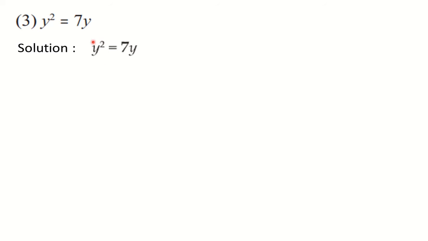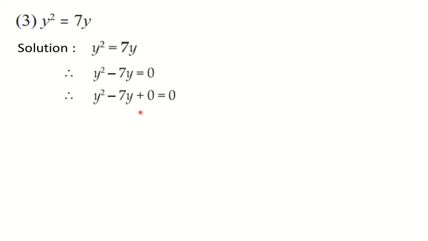See here, the term with y square is present, the term with y is present, but the constant term is not present. So while writing, we have to write down that constant term also. So when we shift this 7y to LHS, you can write it as y square minus 7y is equal to 0. And then the missing term also you need to write: y square minus 7y plus 0 is equal to 0.